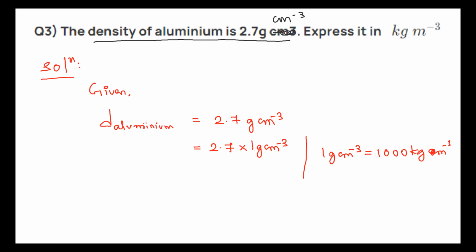So this will become 2.7 into 1000 kg per meter cube, which is 2700 kg per meter cube. Answer. Just remember this. If you have to convert from CGS unit to SI unit, you multiply by 1000, and vice versa, you have to divide by 1000. Simple. So next.